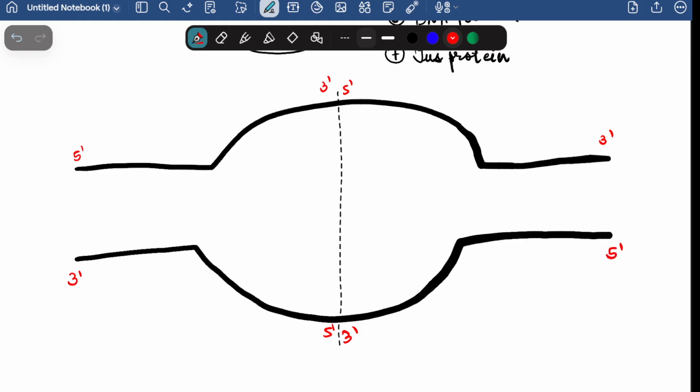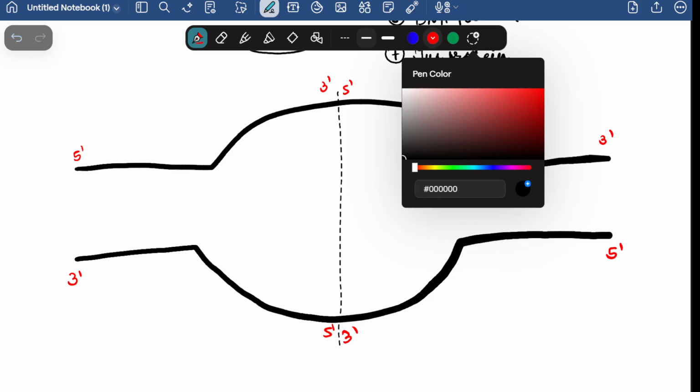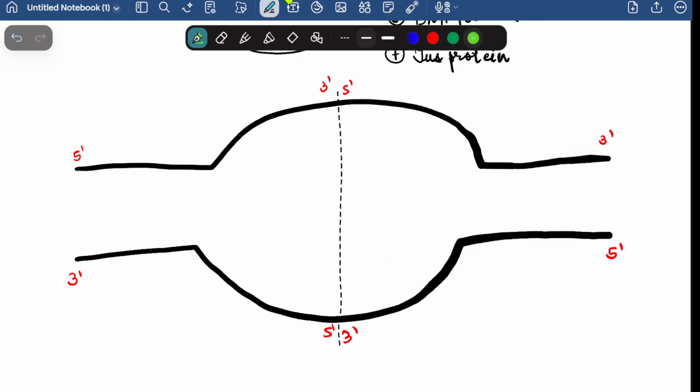Now what will happen? The protein which we have to talk about right now is DNA G primase. DNA G primase has to recruit the primers. I'll take another color for this. The main function of DNA G primase is to recruit the primers, and it itself is a kind of RNA polymerase.